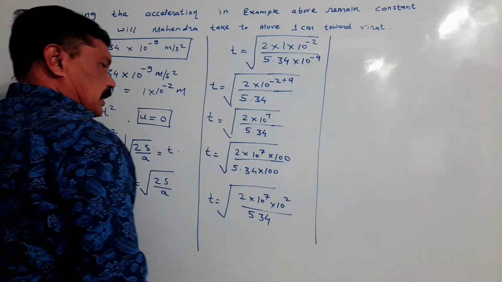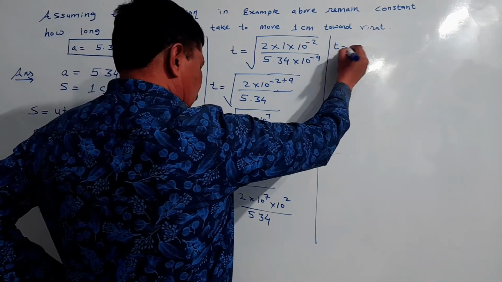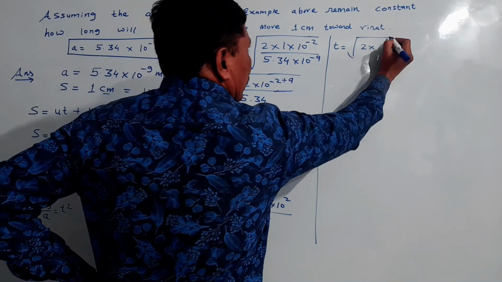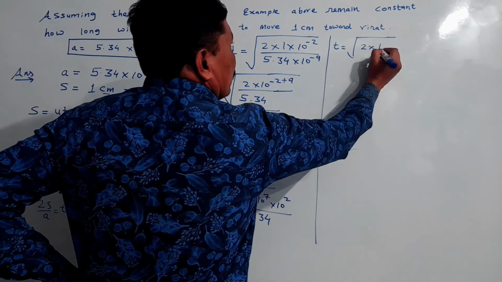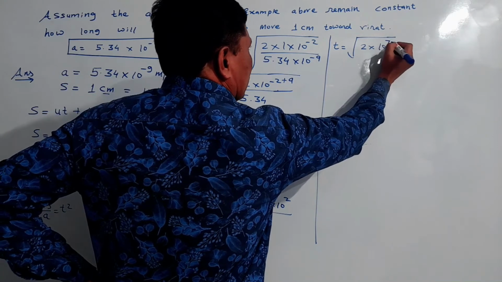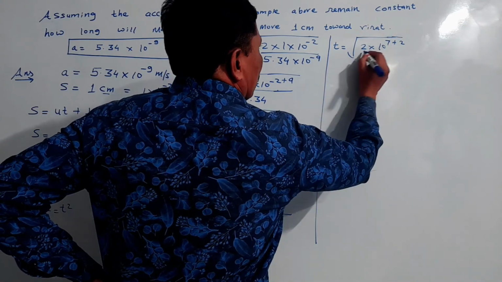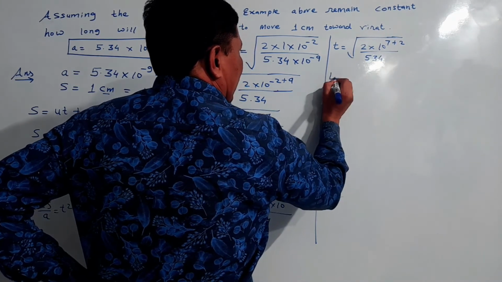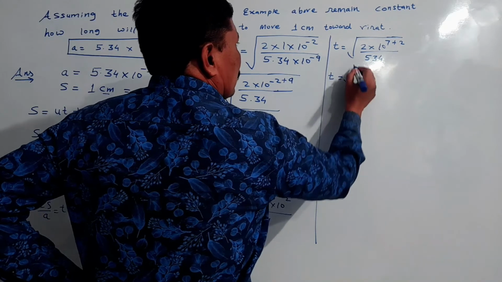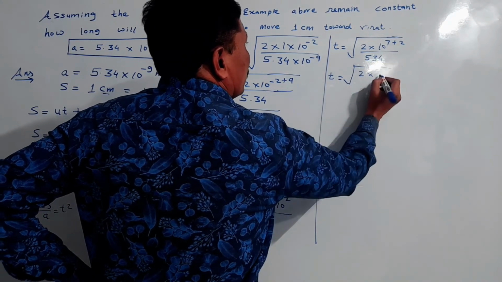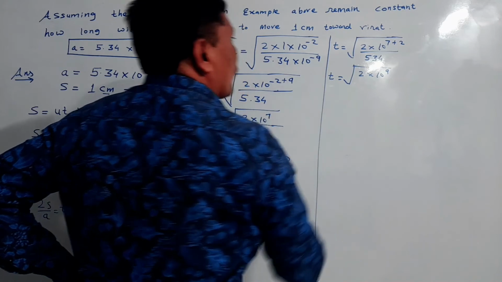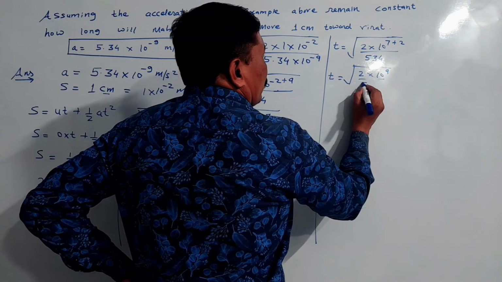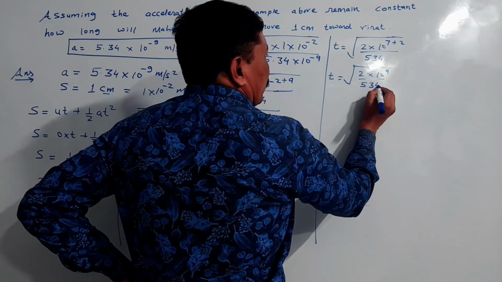Now t is equal to under root 2 into 10 to the power 7 plus 2 upon 534, we can write t is equal to under root 2 into 10 to the power 9, 7 plus 2 is equal to 9, upon 534.